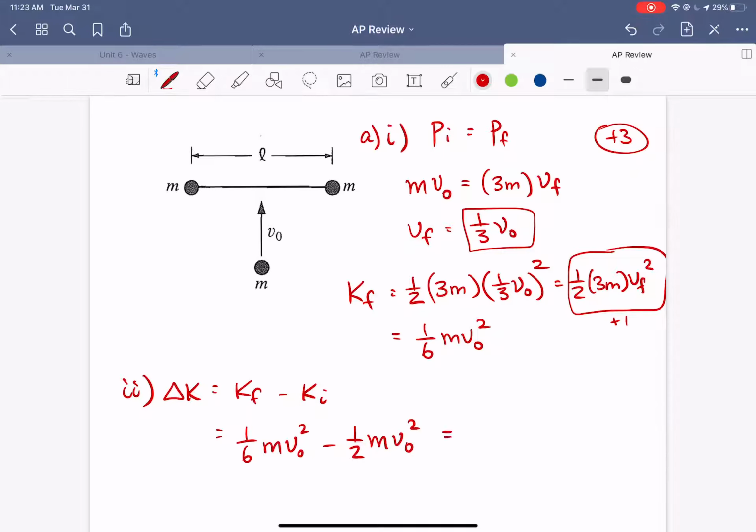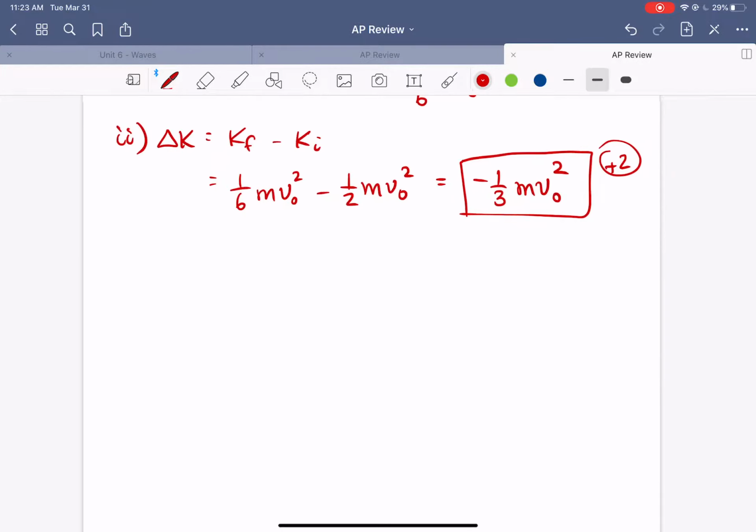If we do that subtraction, you get minus 1/3 m times v0 squared. Okay, so this is negative because the kinetic energy is decreasing, which it must in any collision like this. Either the kinetic energy will be conserved, in which case delta K will be 0, or delta K will be negative because some kinetic energy will be lost in the collision. All right, and this is 2 points.